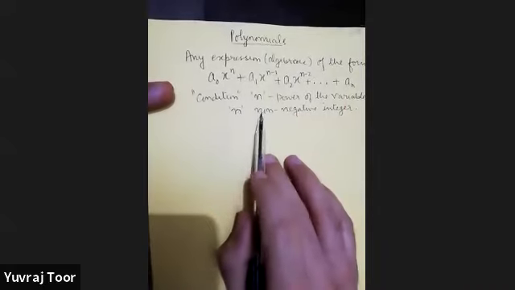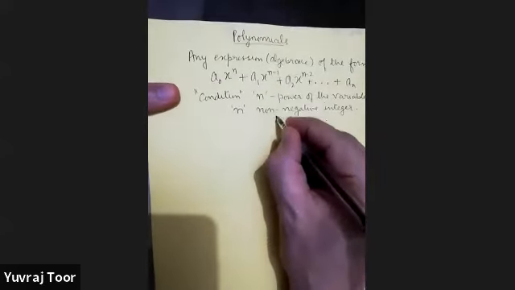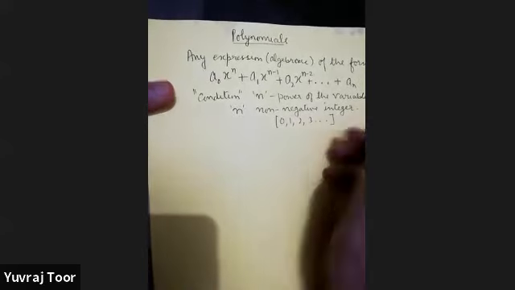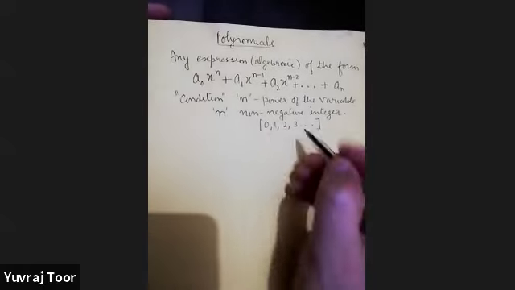Now the question is, what is non-negative integer? Non-negative integer means you can have n as 0, 1, 2, 3, and so on. You cannot have negative values. You cannot have them as fractions. It can only be non-negative integers. Variables cannot have negative or any fractional powers.